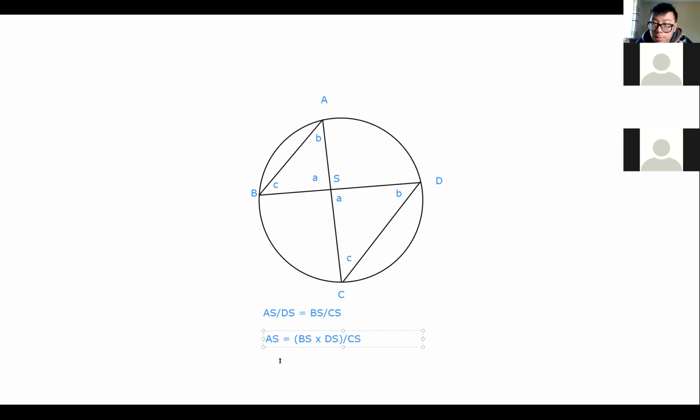And now let's also multiply both sides by CS, so I'm going to get rid of the CS from the right side. And now we have AS times CS is equal to BS times DS. And that is our proof right there. Originally it also said AS times CS is equal to DS times BS. So we're good.